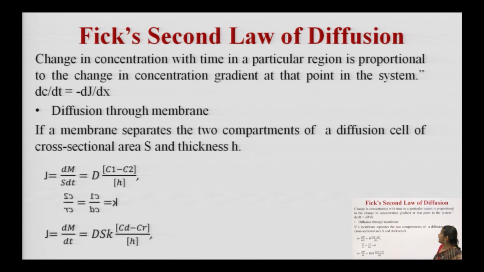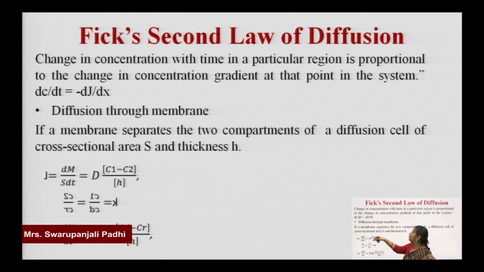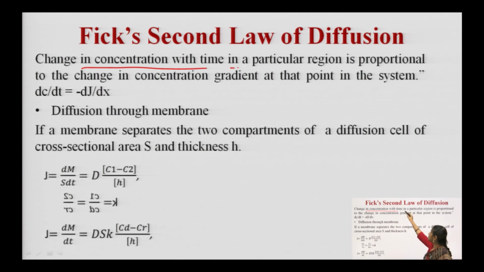Then comes Fick's second law of diffusion. In Fick's second law of diffusion, the change in concentration with time in a particular region is proportional to the change in concentration gradient at that point in the system.